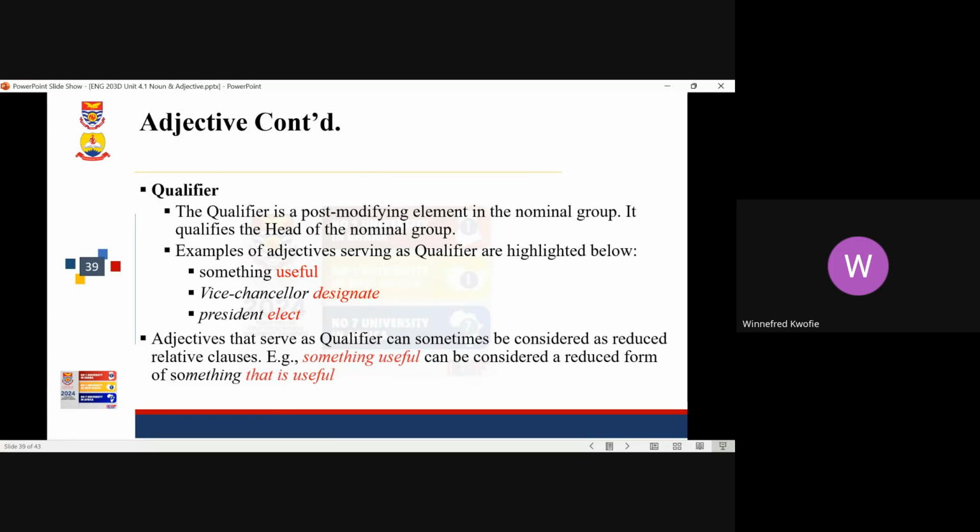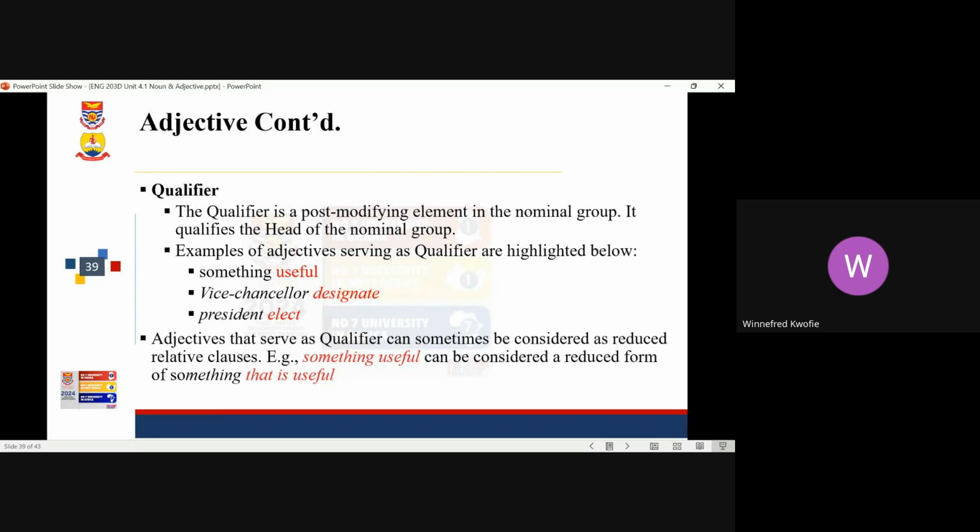The vice chancellor designate. Which vice chancellor are we talking about? The one who has been designated. President-elect. Which president are we talking about? The one that has been elected. So normally we say that when adjectives are functioning as qualifiers, sometimes they can be considered as reduced relative clauses.